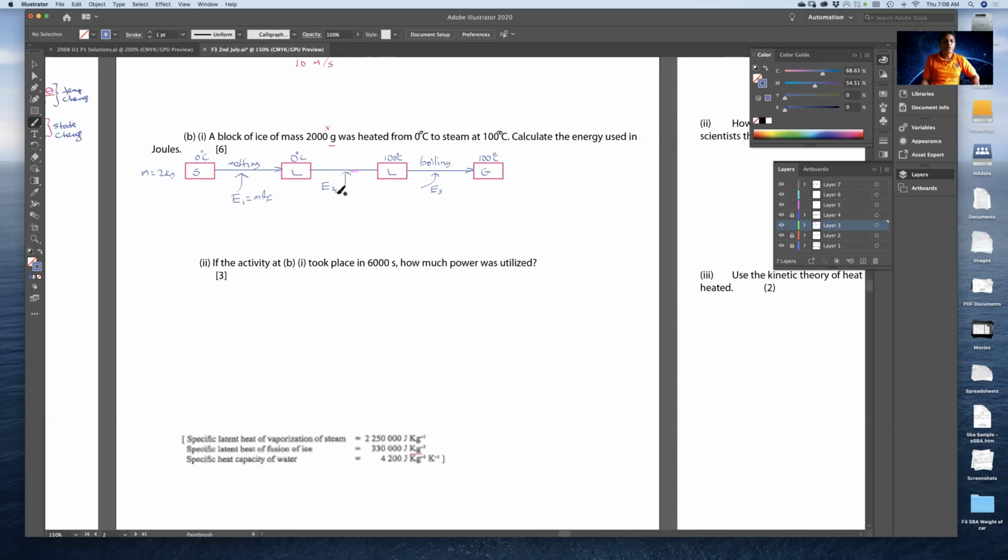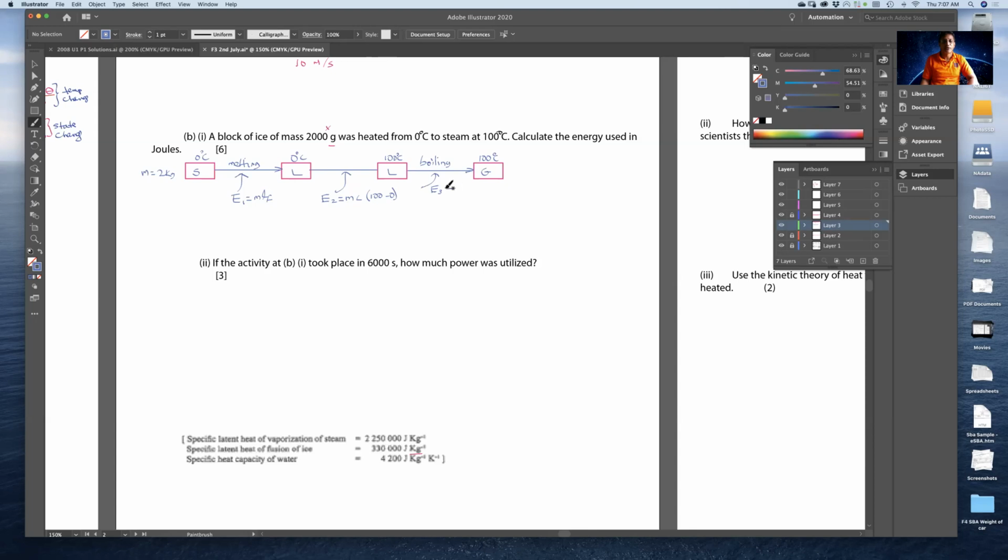What equation would we use for E2? E2 would be MC delta theta, the specific heat capacity of water by the temperature change. And the temperature change in this case would be 100 minus 0, because the temperature is going from 0 to 100.